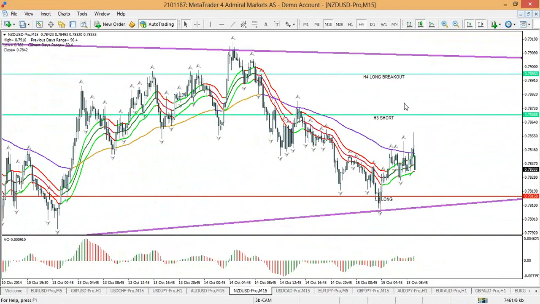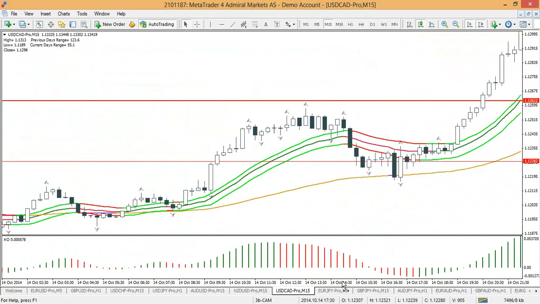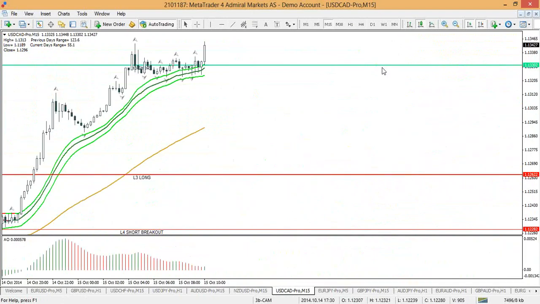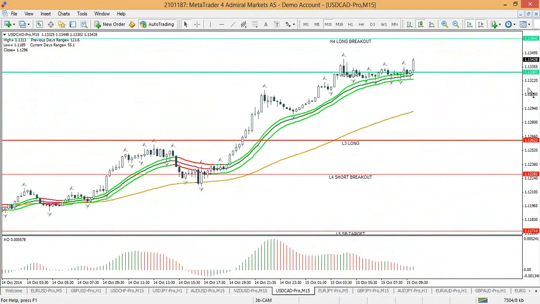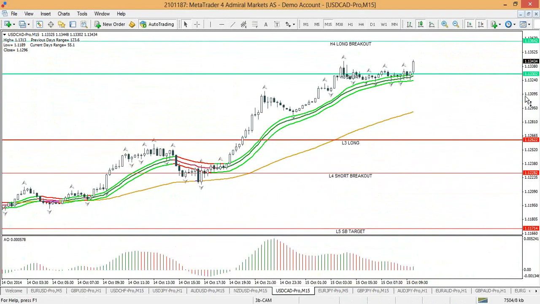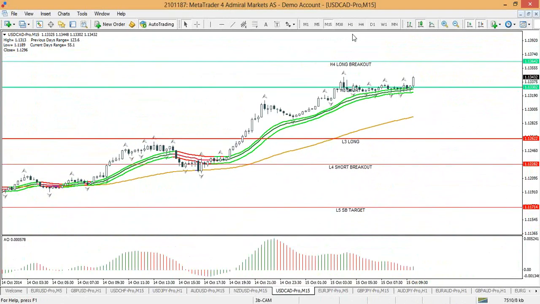So dollar CAD is rocking and rolling to the upside and is in a breakout situation again. This is really strong stuff, big trend. That could be interesting, in fact. H5 would be the target.